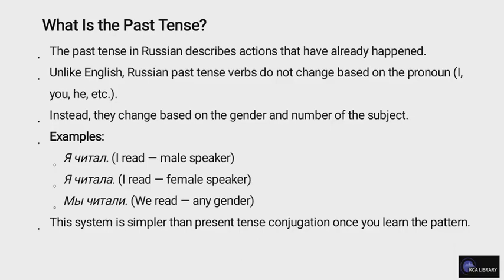Examples: ya chital, I read, male speaker; ya chitala, I read, female speaker; my chitali, we read, any gender. This system is simpler than present tense conjugation once you learn the pattern.